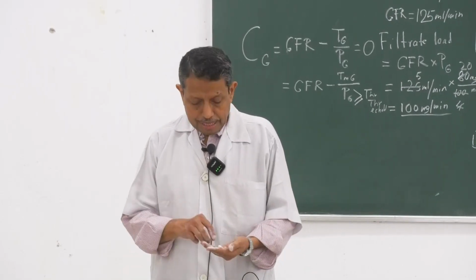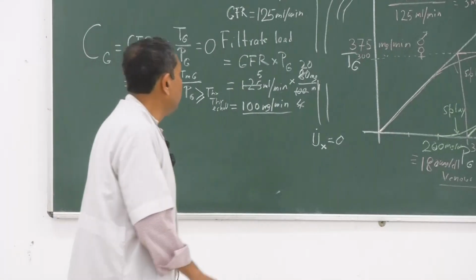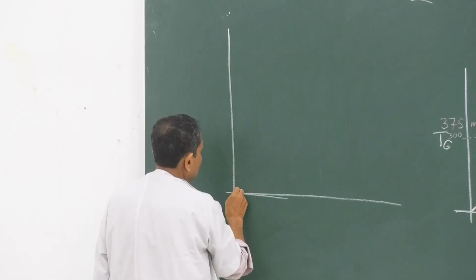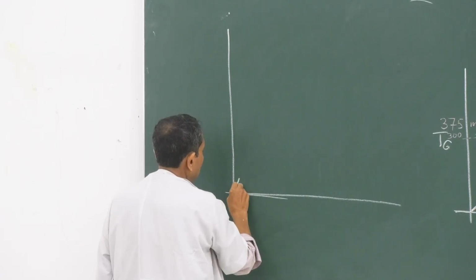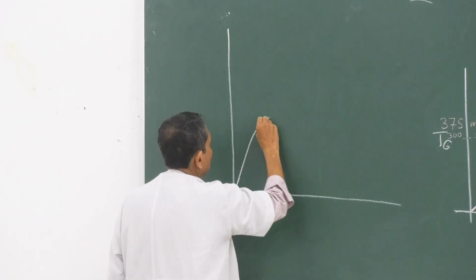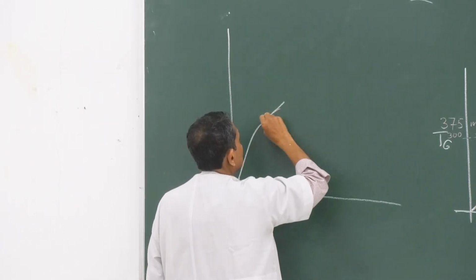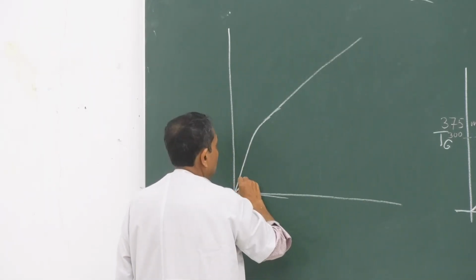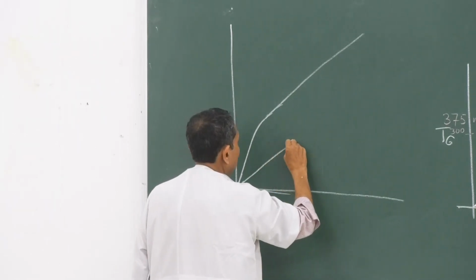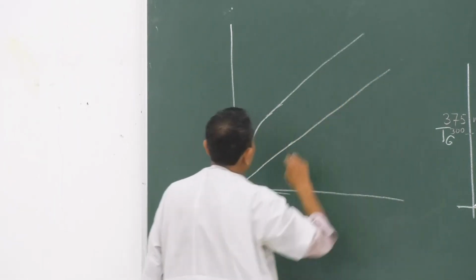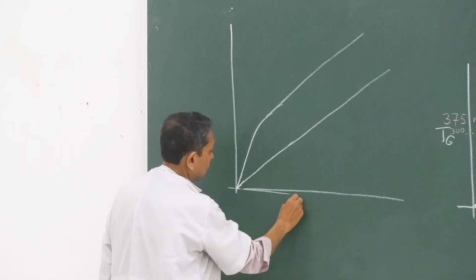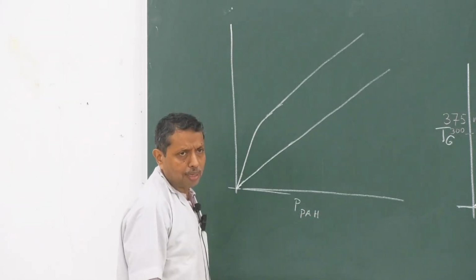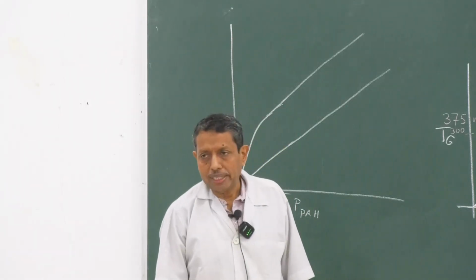In case of PAH, if you consider the PAH curve, the plasma PAH is equal in arterial or venous plasma because para-aminohippuric acid is not used by the cells.